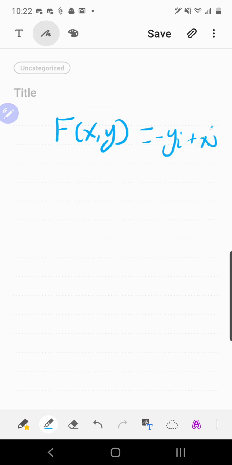Okay, it's another one. I'm not going to completely write this one down. Which illustration shown represents the vector field F of x, y equals negative y i plus x j? We need to figure out what this is going to look like. So we have our y term is negative in the x direction.